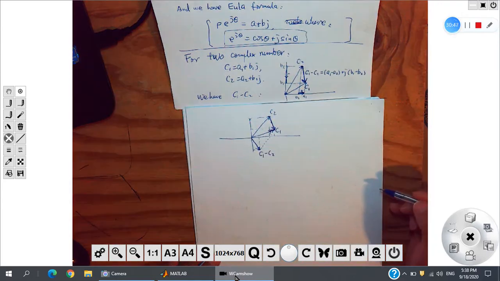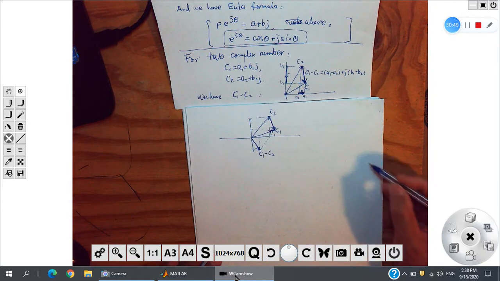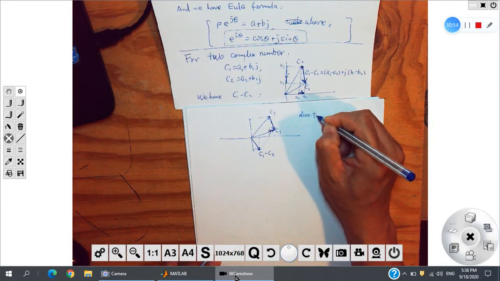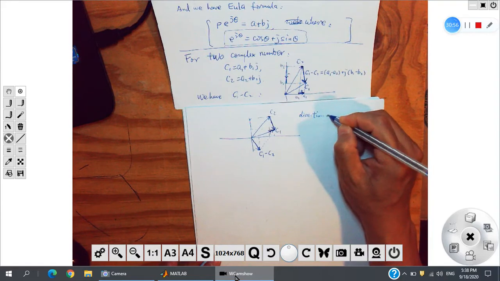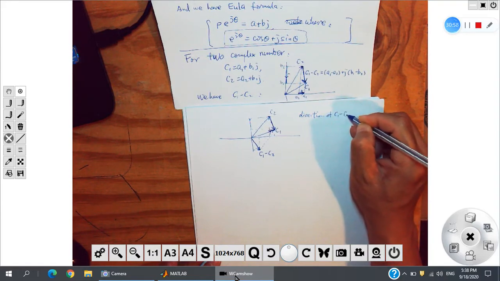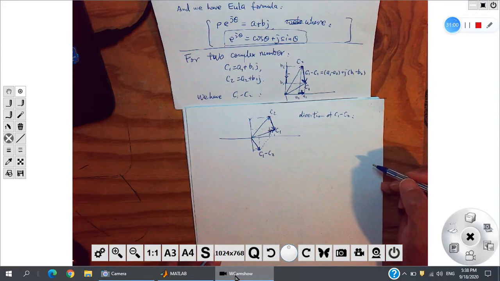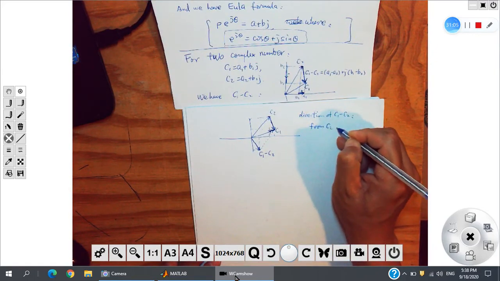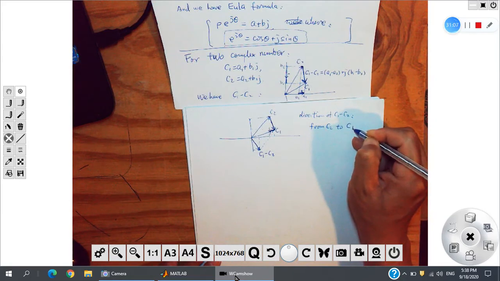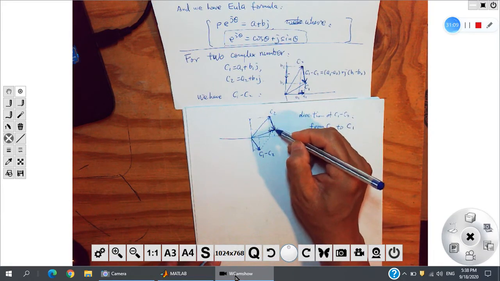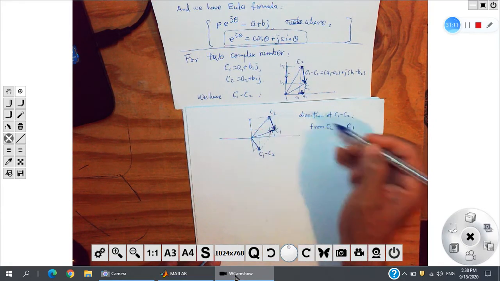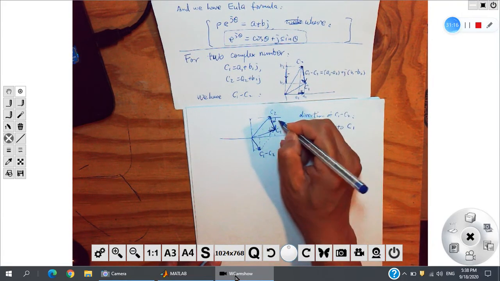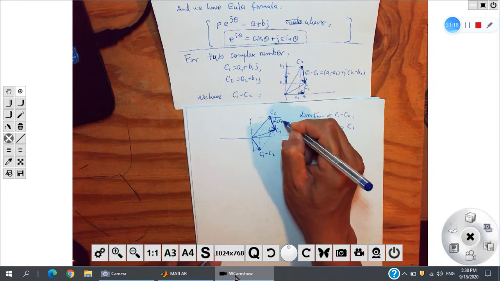All right. So the direction of C1 minus C2, because this is a direction, is from C2 to C1, right? This is the direction, and we can have an angle to describe this direction. This is the angle of C1 minus C2.